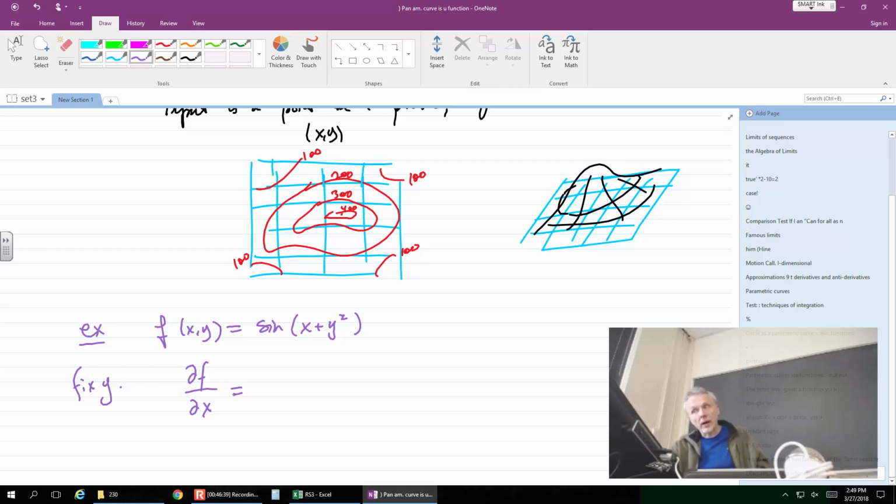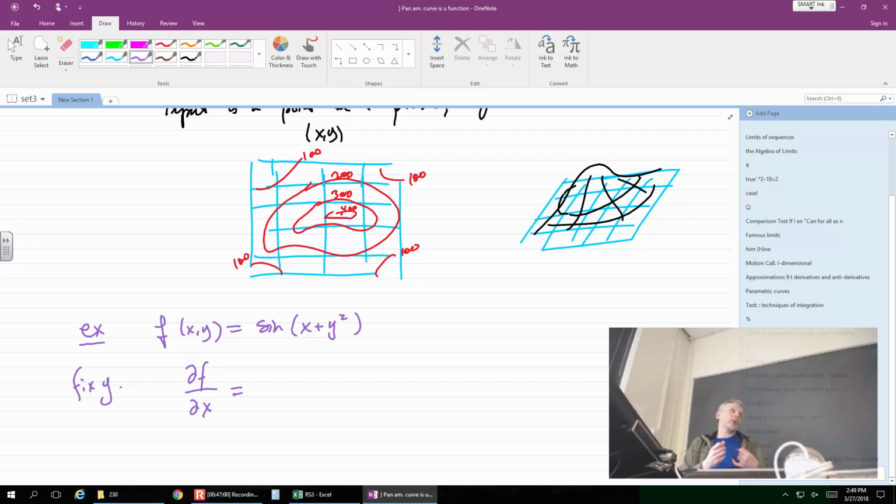Well, first of all, sine, what are we looking at? It is a composition. How do we differentiate a composition? Composition of sine and x plus y squared.